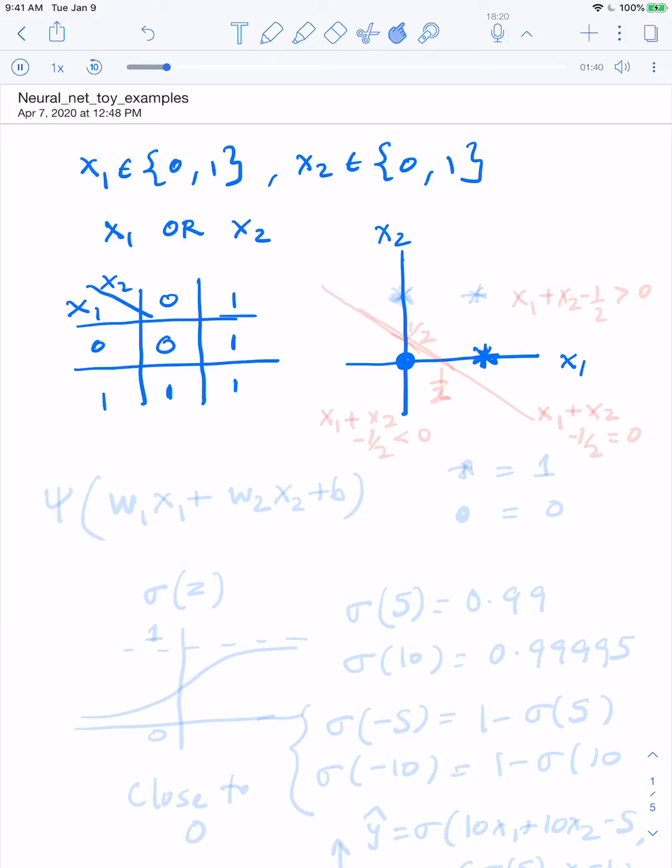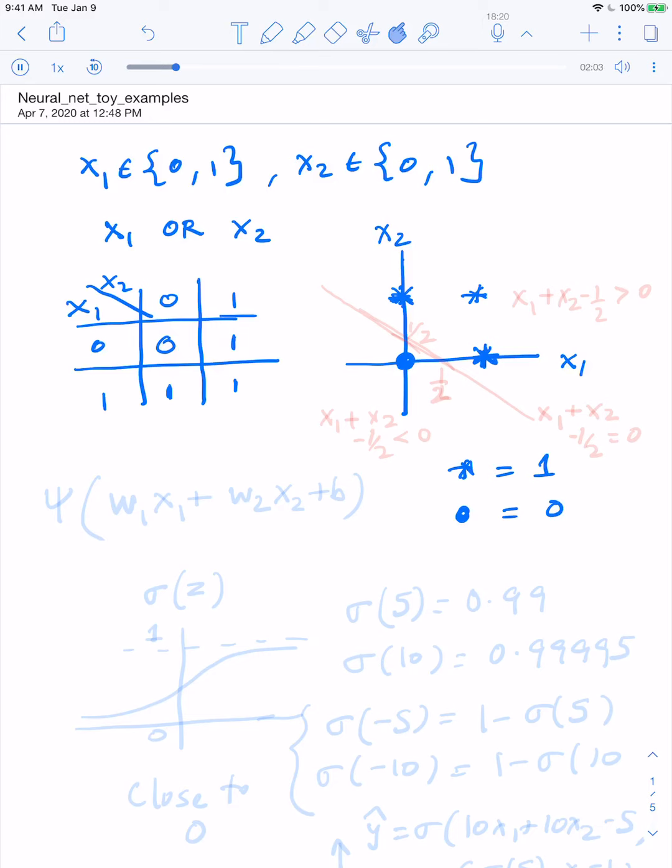I'll get value 1. At 0, 1, I'll get value 1. I'll mark it as a star. And 1, 1, again a star. So I'm basically writing star corresponds to 1 and this dot corresponds to 0. So that's the kind of decision I want to make.